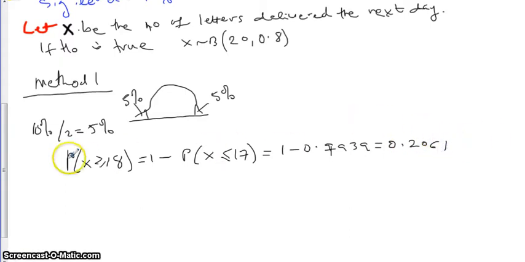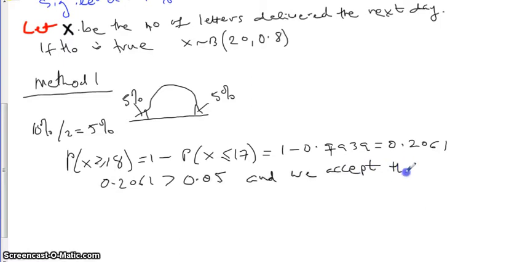Now, 0.2061 is in fact greater than 0.05, and since it's greater than, we accept the null hypothesis and conclude there is insufficient evidence that the new system has changed the next day delivery rate.